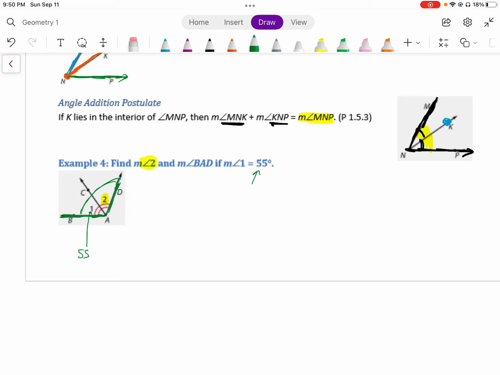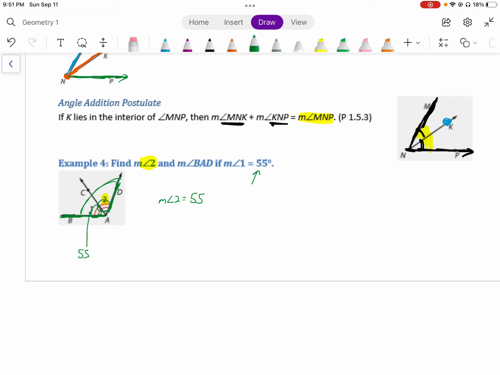Notice that they have both the same markings, these two arcs, which means those two angles are congruent, which means the measures are the same. So we know the measure of angle 2 has to equal 55 as well.